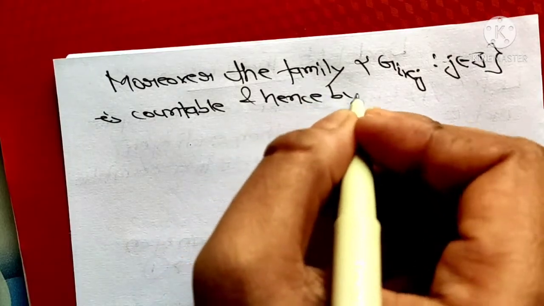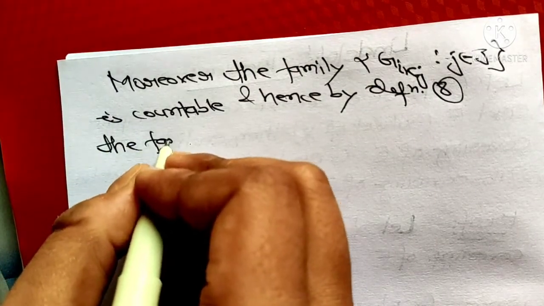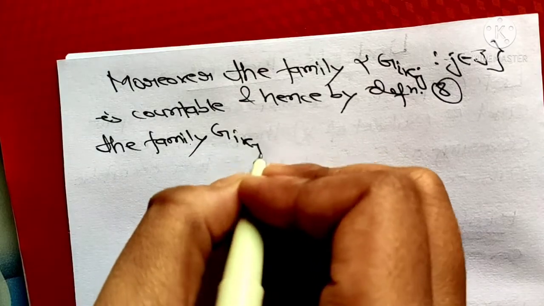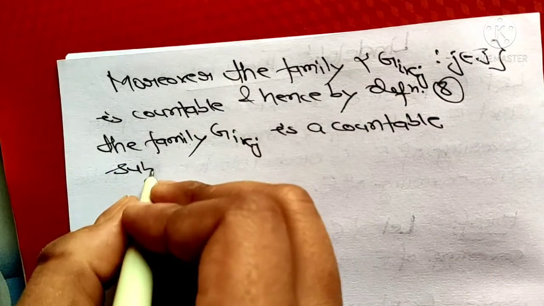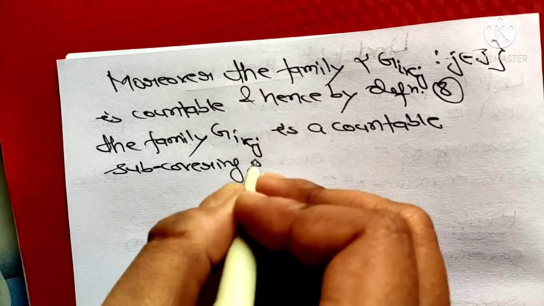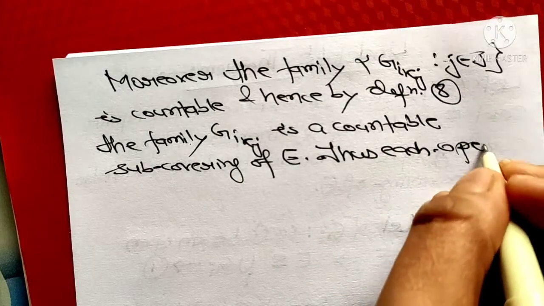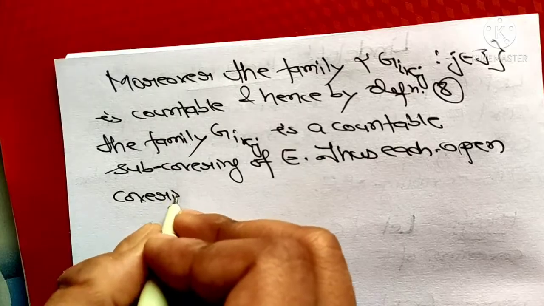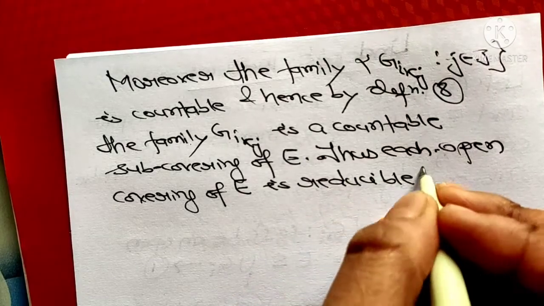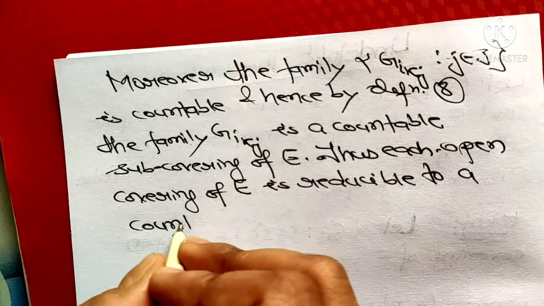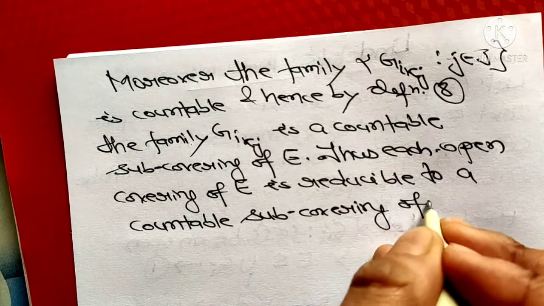Hence, by definition, from equation 8 the family G_{i_{x_j}} is a countable subcovering of E. Thus, each open covering of E is reducible to a countable subcovering of E.